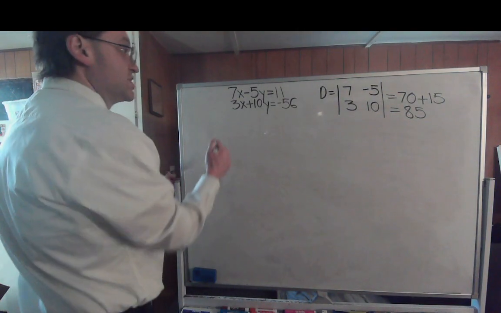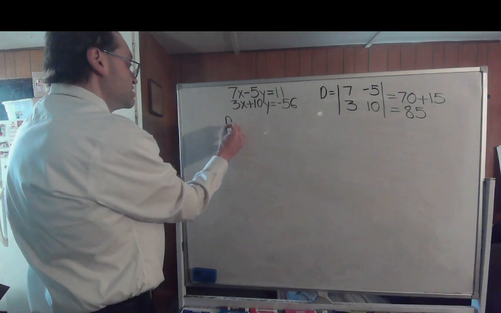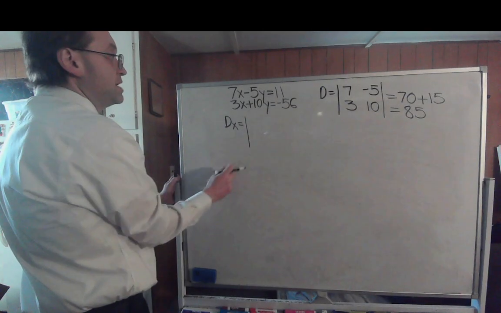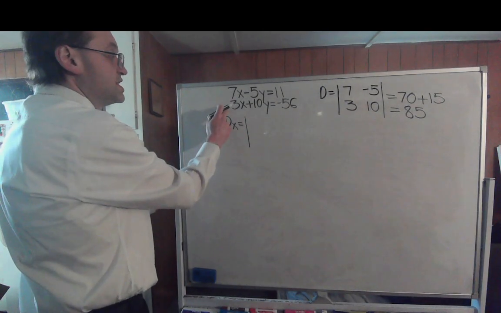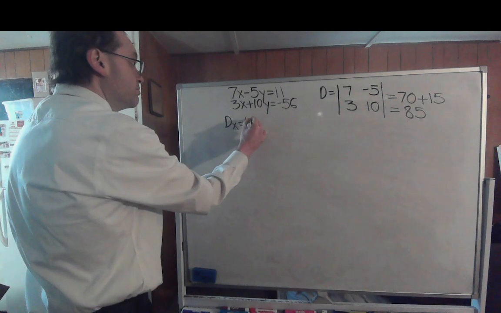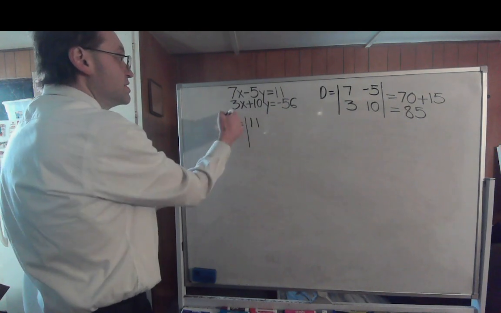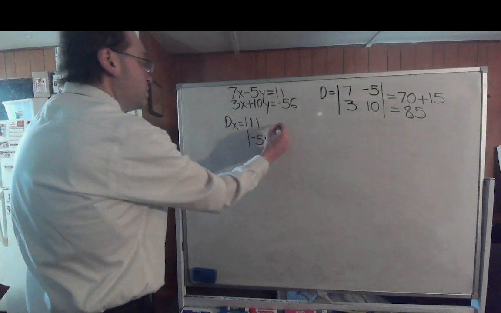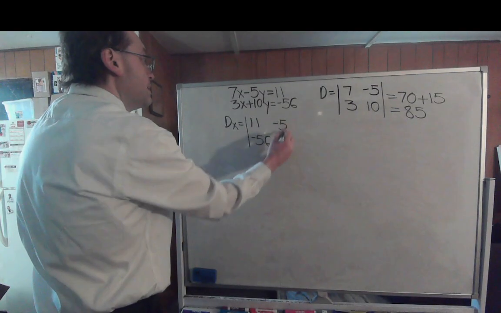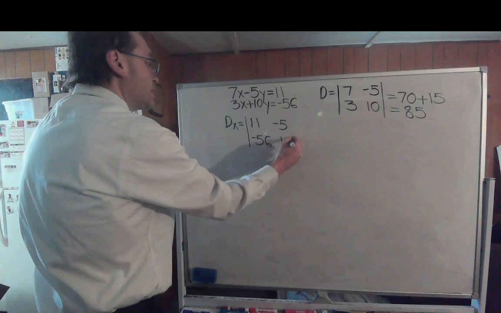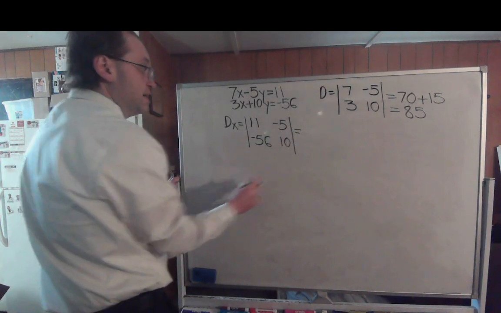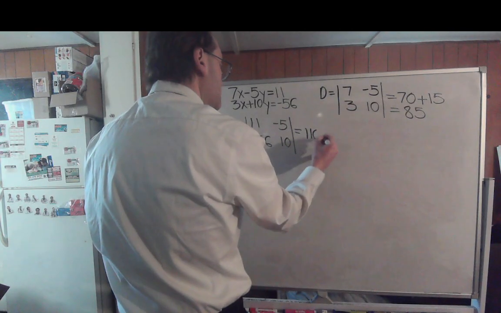Now let's seek to solve for x. So let's take d sub x. You're going to start out by taking your x coefficients, replace the first one with the 11, the second one with negative 56, then leave your y coefficients alone. Alright, so what is 11 times 10? Well, that's 110.